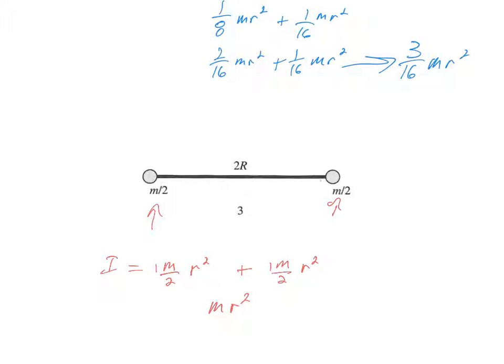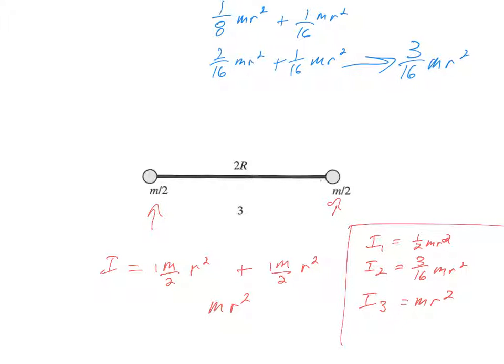So just to review, this is getting crazy. I1 was 1/2 mr squared. I2 was 3/16 mr squared. And I3 we just did was mr squared.